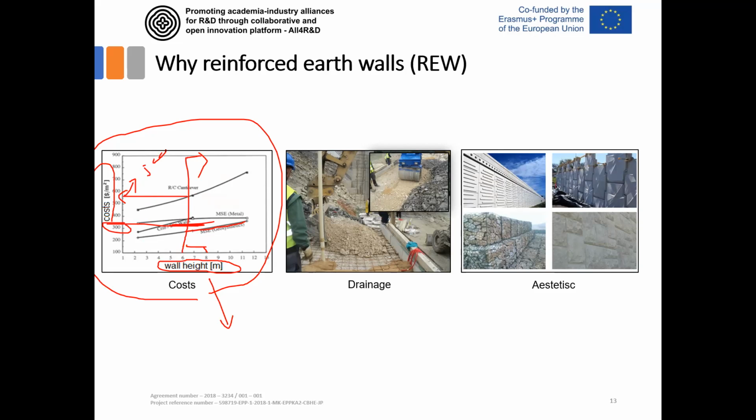So it's not double, but it is probably 1.5 times cheaper to select this reinforced earth wall, and that is definitely why this kind of construction is used more and more, not only worldwide but also in local practice.